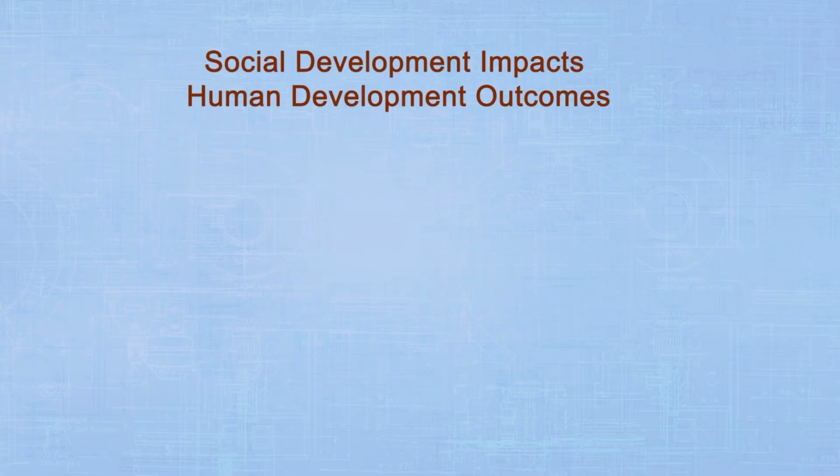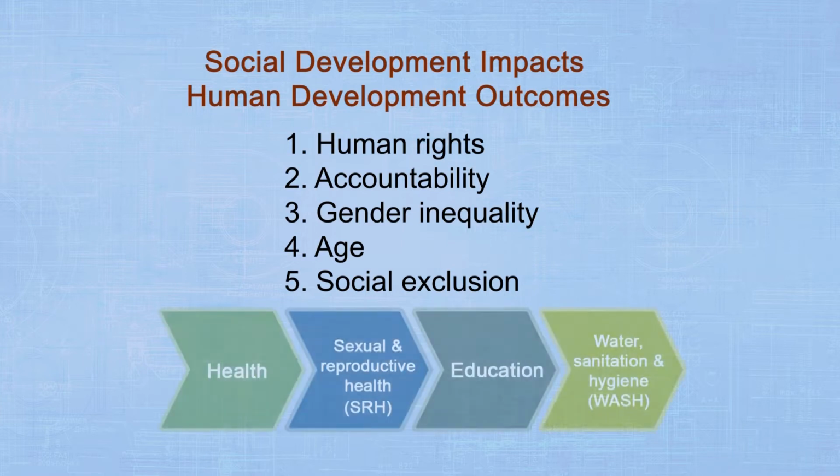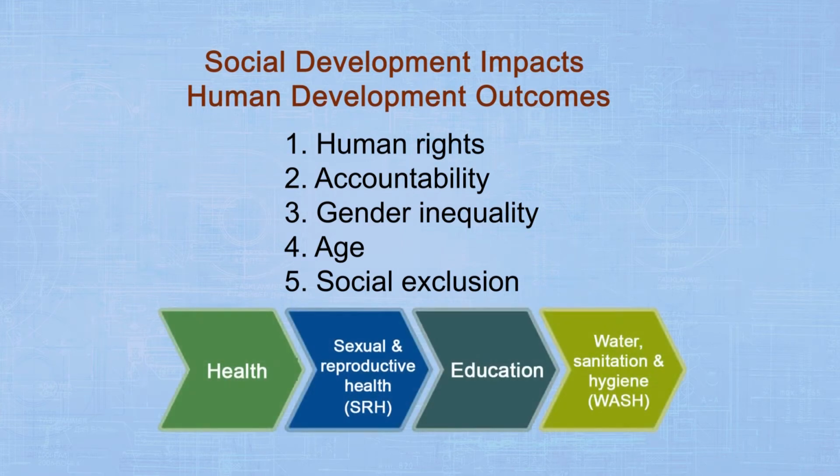Social development impacts human development outcomes. It focuses on 5 social development issues like human rights, accountability, gender inequality, age and social exclusion, and their impact on 4 human development sectors: health, sexual and reproductive health, education and water, sanitation and hygiene.